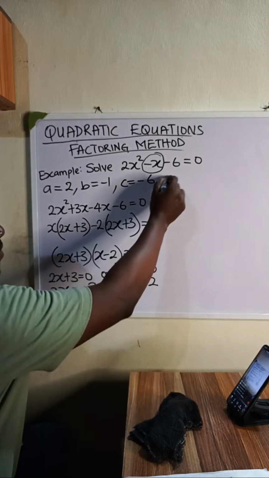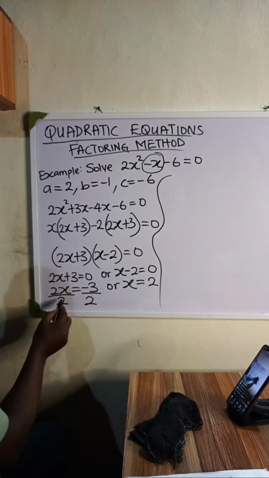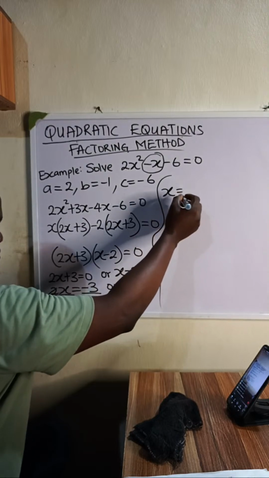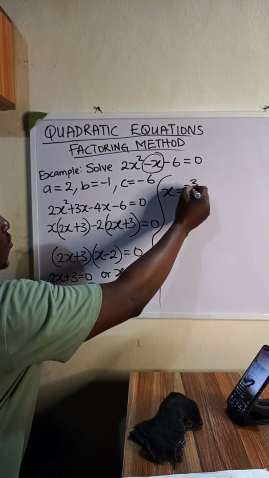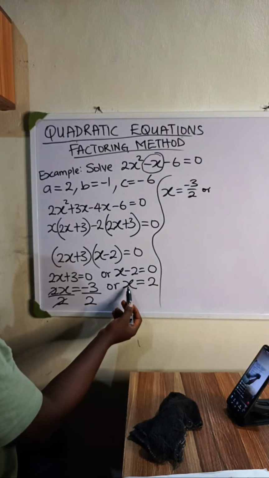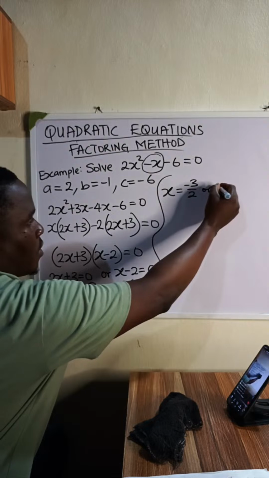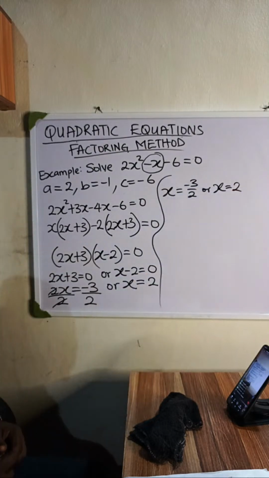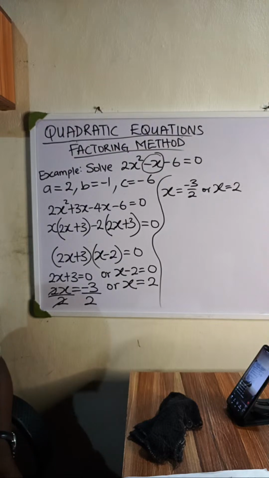So we can simply write 2, we cancel out 2. We have x is equal to minus 3 over 2, or over here, we already have x is equal to 2. So this gives us the two possible values of x.